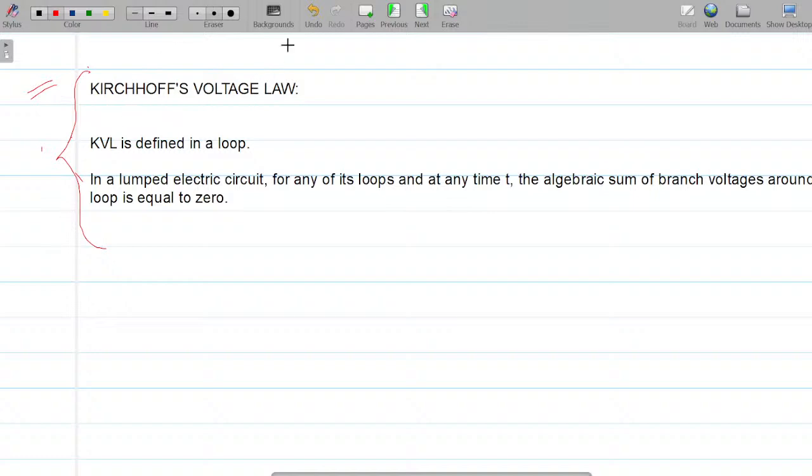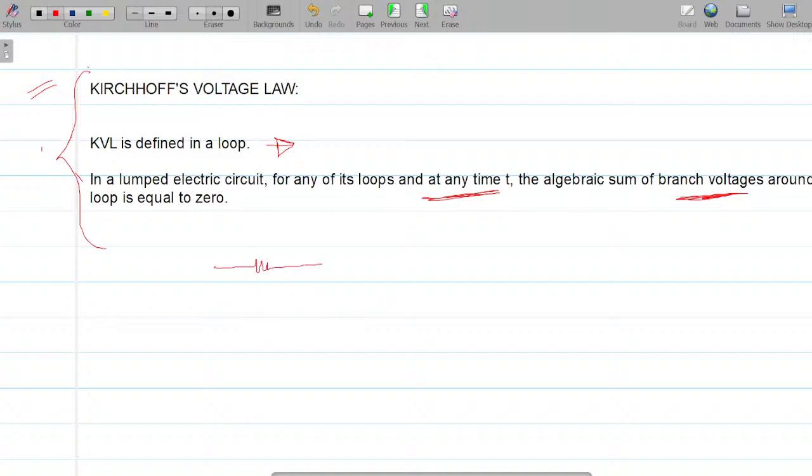So, what is KVL? KVL is defined in a lumped electric circuit for any of its loops, again at any time: the algebraic sum of branch voltages around the loop is equal to 0.